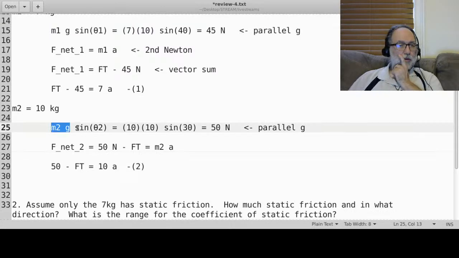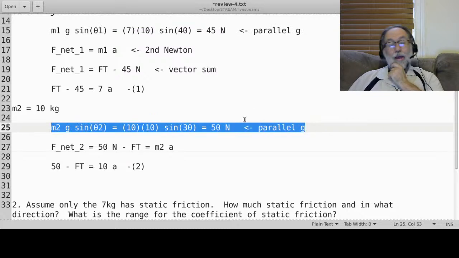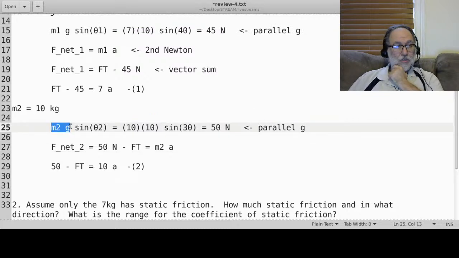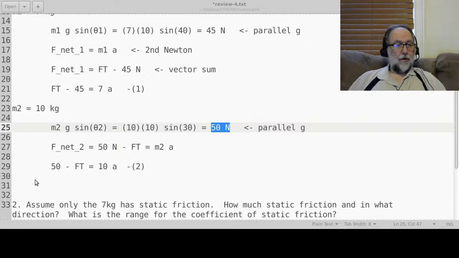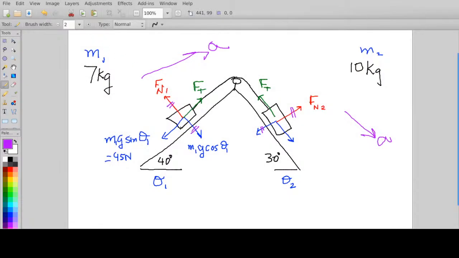For M2, we do the same thing, where the parallel component equals M2 g sine theta 2. Substituting in, M2 is 10, g is 10, sine of 30 degrees, which by the way is a half. So 10 times 10 is 100, multiplied by half is 50 newtons. Let's draw that one in there. So over here, this force is going to be 50 newtons.